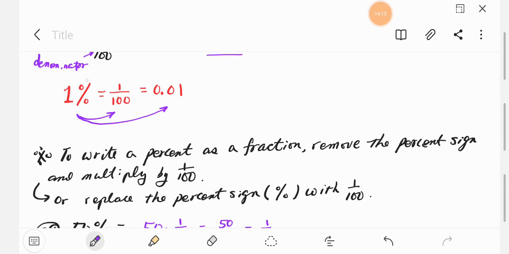So just replace this percent with this fraction or this decimal. Simple. Okay, so please do the exercise questions, and you need to practice a lot. All right, the concept is really simple, so please practice by doing the exercise questions.